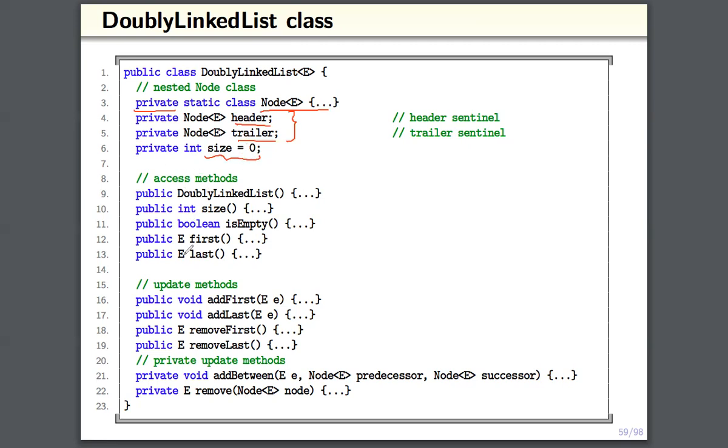And then we have access methods and update methods. Access methods are just to get information. And update is, you can say, setting the data structure, set some information, right? Okay, so getting is, okay, this is just a constructor, doubly linked list, and then size, get the number of elements, is empty, simple, get the first element, last element, simple.